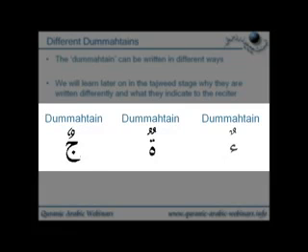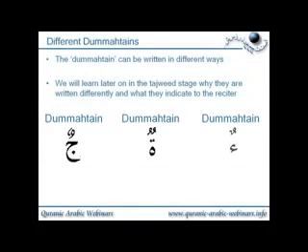Here we have three different letters, but they're all carrying dhammatain, and you'll see these in the Arabic Quranic script, depending whether you're looking at Uthmani or Majidi. Essentially the way it's written will indicate to you some Tajweed rules and how you actually pronounce the sound of the tanween itself, and we have to cover a lot of more advanced rules later on in the Tajweed stage before you understand it.